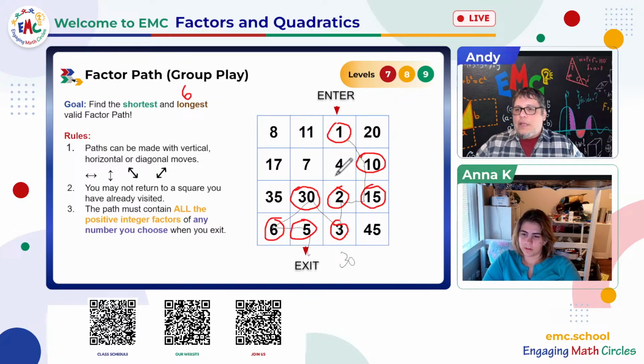For 30, we have all those factors: 1 times 30, 2 times 15, 3 times 10, and 5 times 6. Awesome job. That one is 8. That's now the longest.